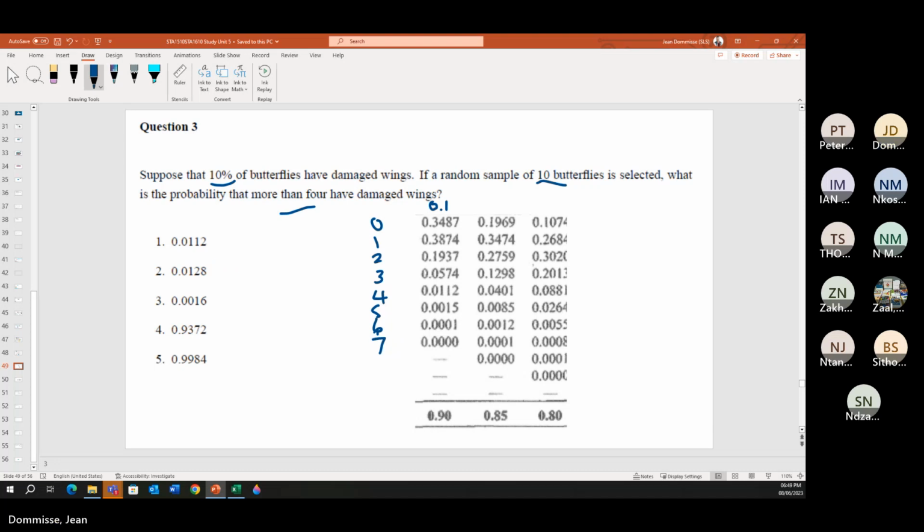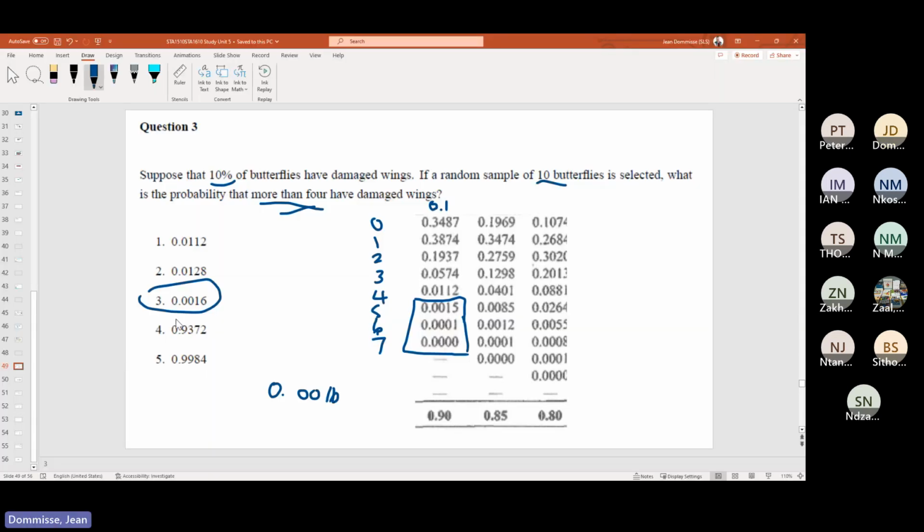Okay, so more than 4, so anything above 4. So it is 5, 6, or above. So more than 4 would be 5, 6, and 7. So if I add those three together, I get 0.0016.